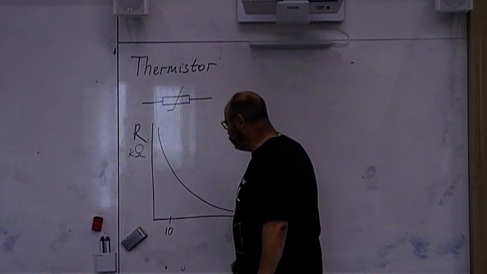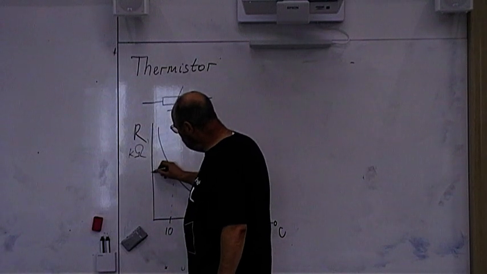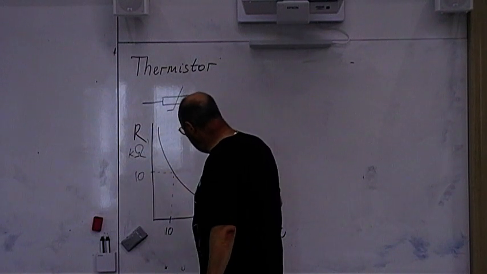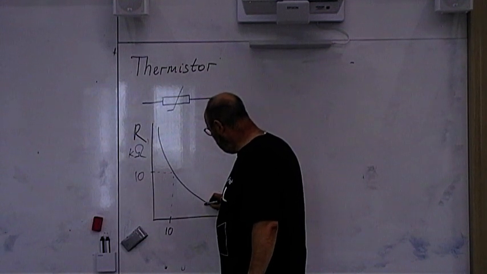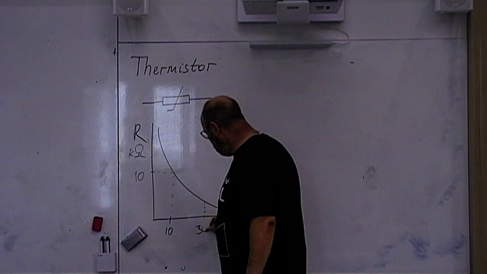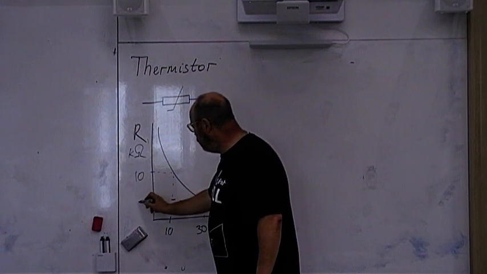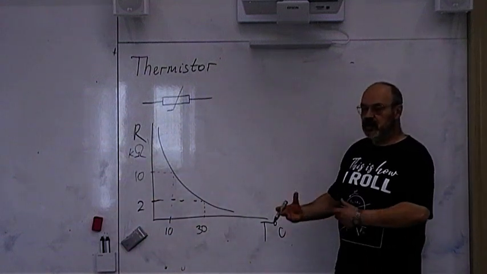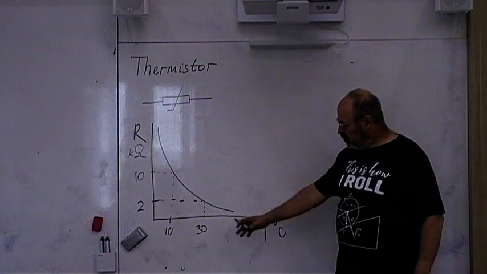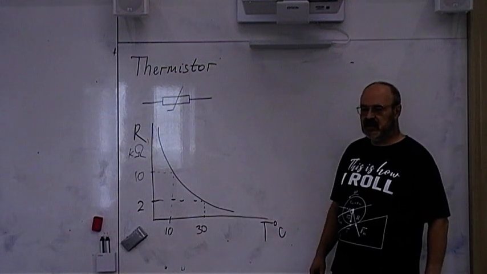And at 30 degrees, the resistance is, let's say, 2 kilo ohms. So that's the property of the thermistor. When temperature increases, its resistance decreases.